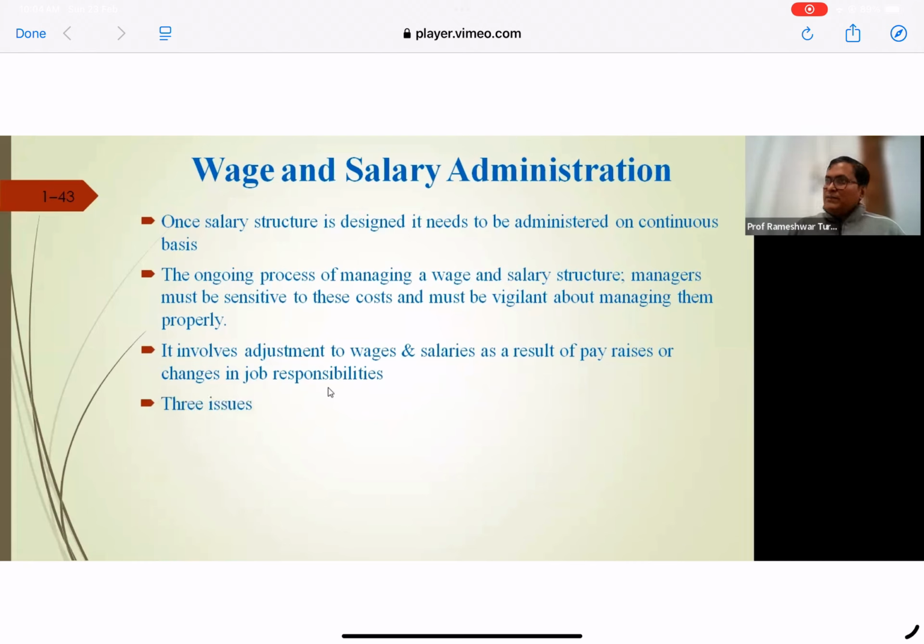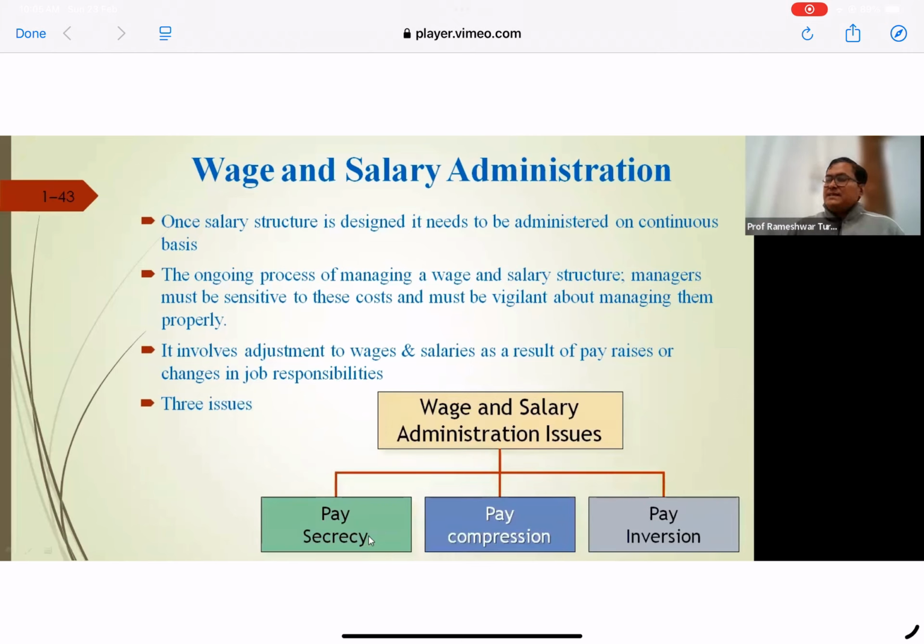There are three issues while administering salaries that organizations or HR managers need to be sensitive about. One is pay secrecy. Another is pay compression. Third is pay inversion. You might be aware that in many companies there is a policy that an employee cannot discuss his or her salary with colleagues. In the USA, by law, it is not allowed, but still it exists in different forms.